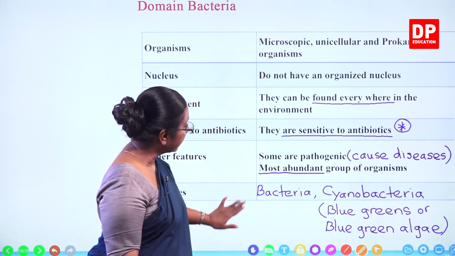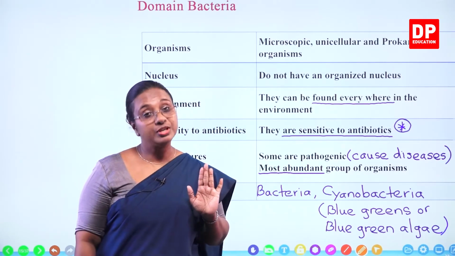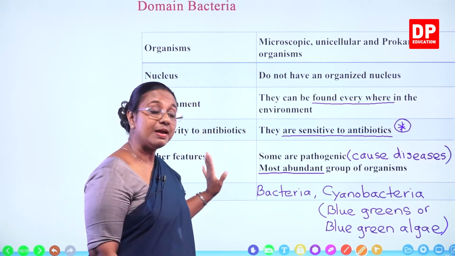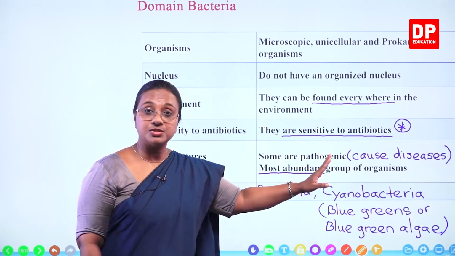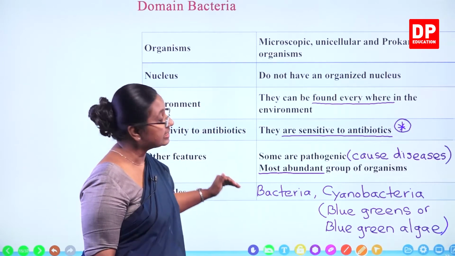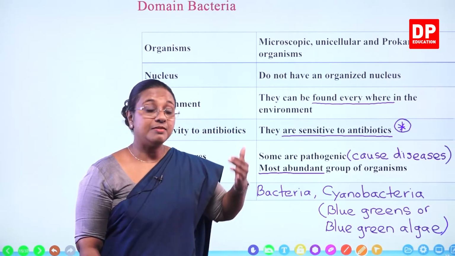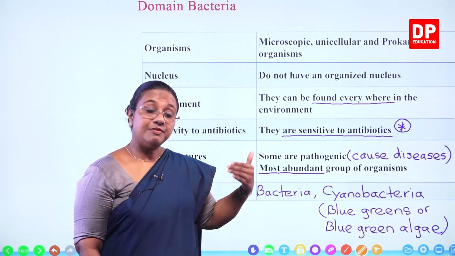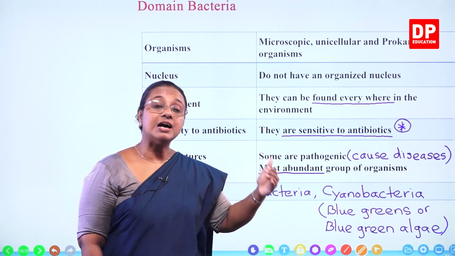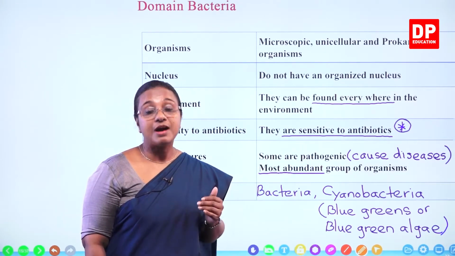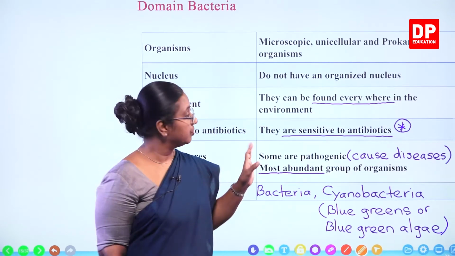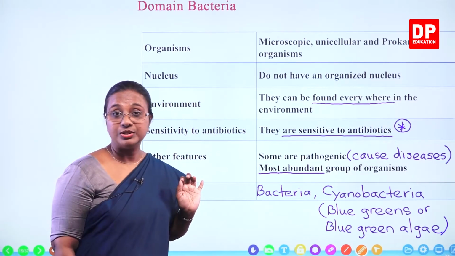So these are the characteristics that you all have to remember, students. We will be comparing these groups again also, but for now, understand these features. We will compare the different groups, bacteria, then algae and fungi as well. So before that, I will move on to the next slide.